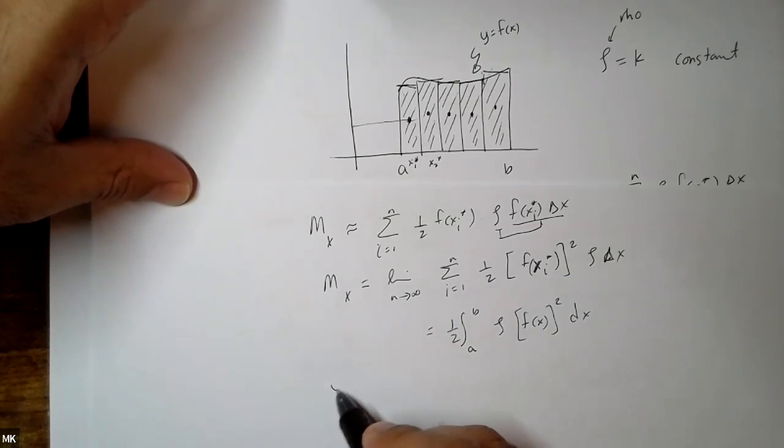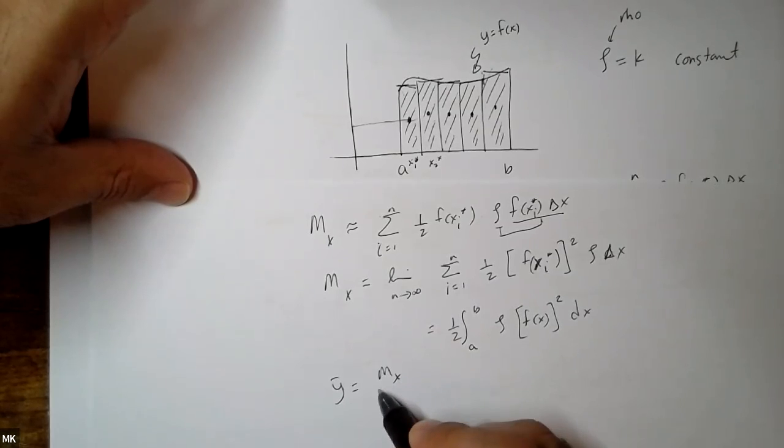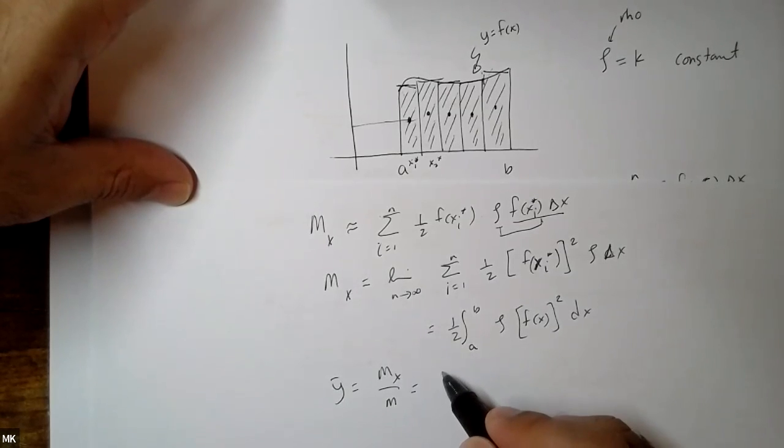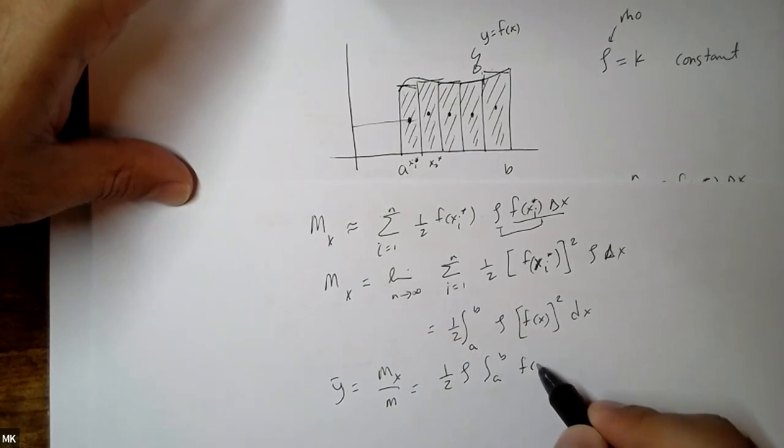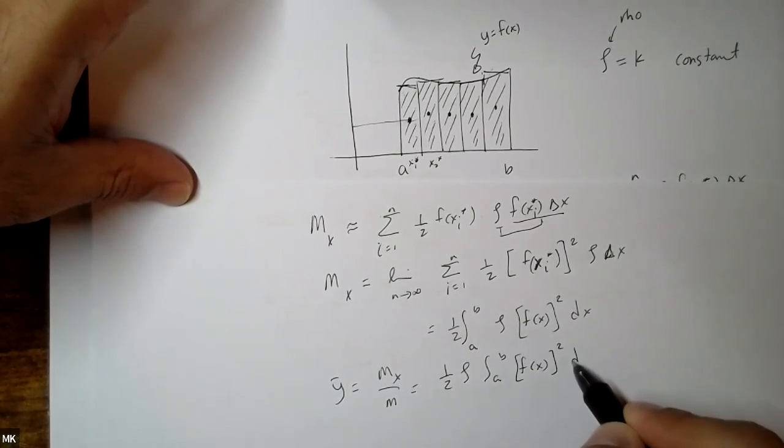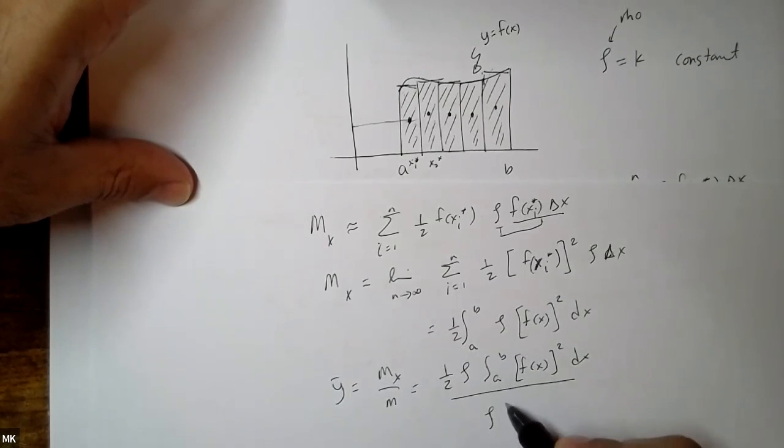And then my y bar, which is Mx over m, would be one half rho times the integral from a to b of f of x squared dx, over rho times the integral from a to b of f of x dx.